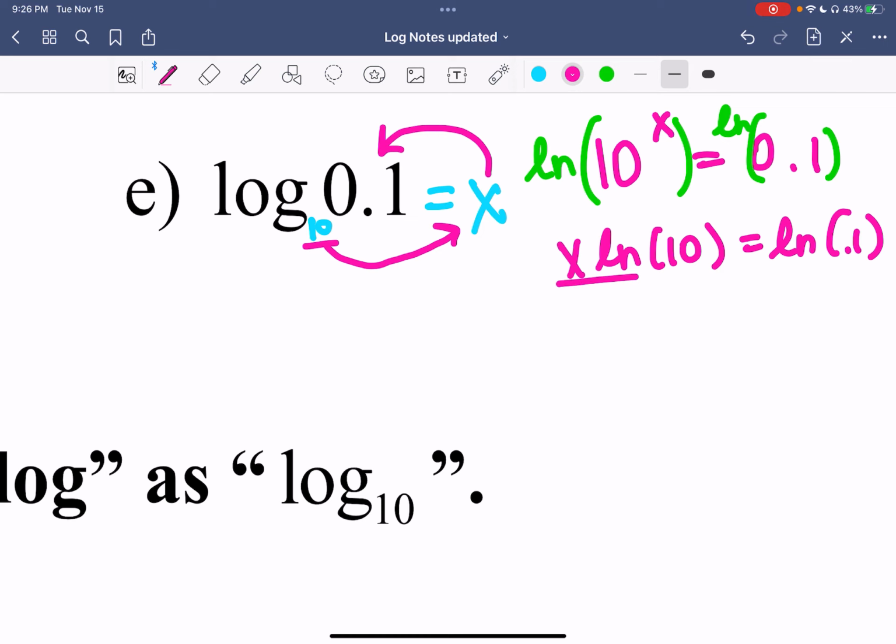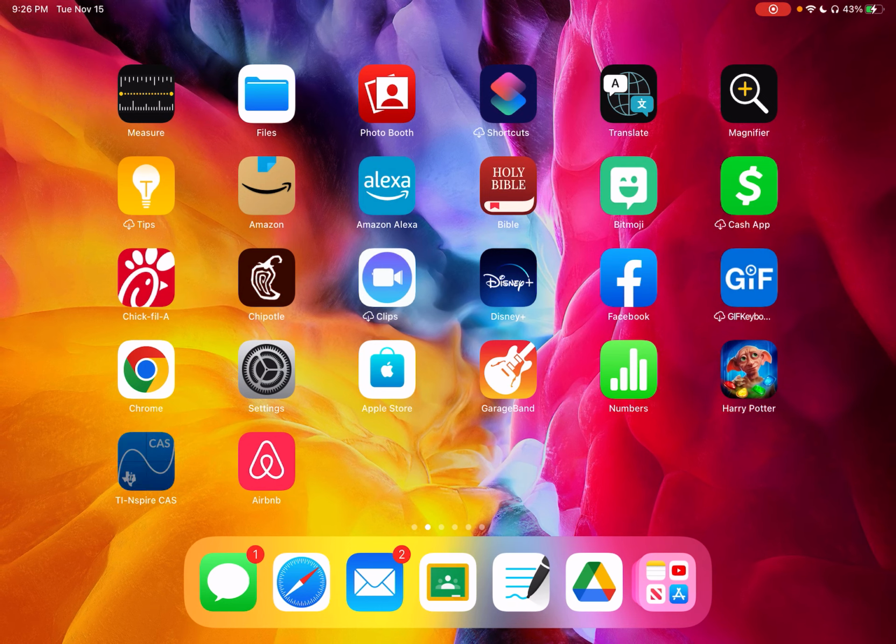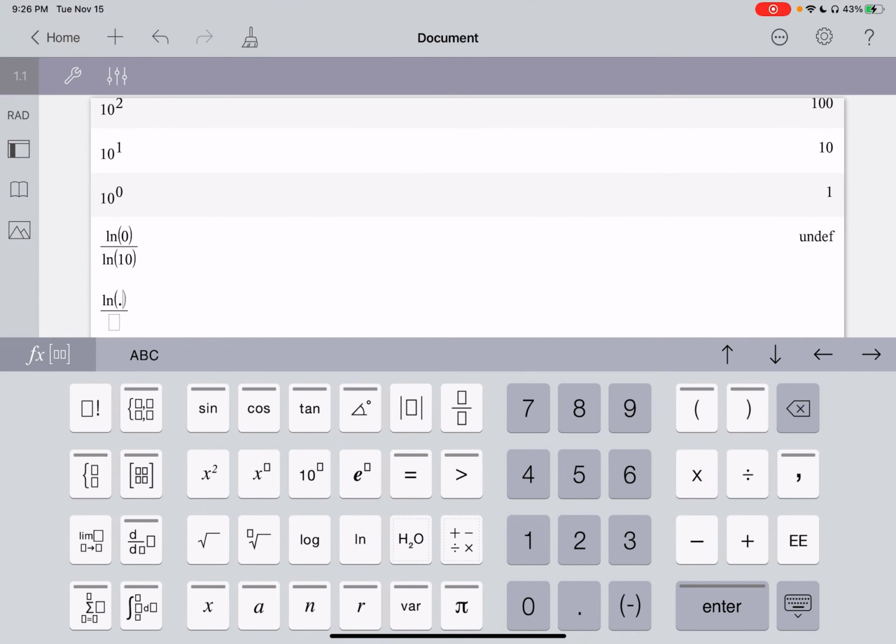Again, to get x by itself, you're going to divide out whatever is being multiplied by x, in this instance the natural log of 10. And we're going to put that fraction into the calculator. So the natural log of 0.1 divided by the natural log of 10 is -1. You can always double check your work by putting in whatever you had.